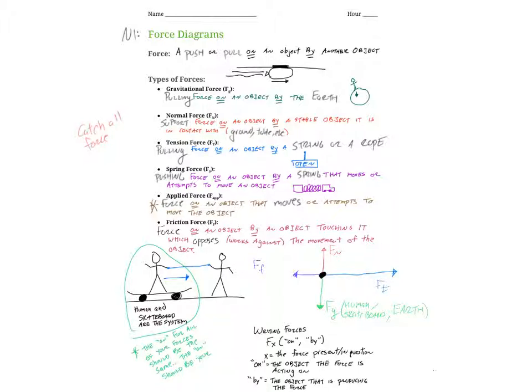And so we also have the normal force, right? And the normal force also is working on the human and the skateboard. And the ground this time, because that's what the skateboard is resting on, is what's acting on the human and the skateboard here. So that's the ground.